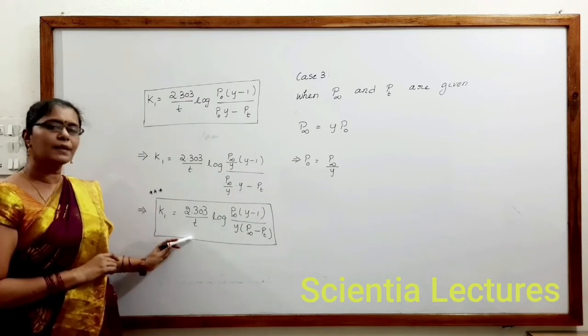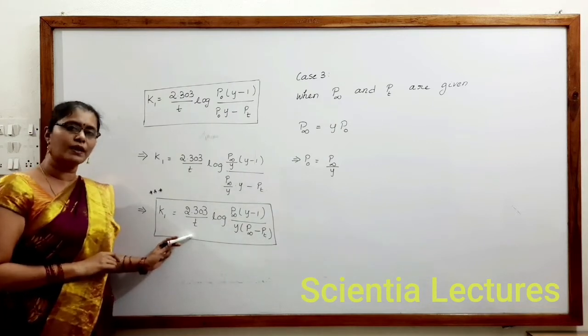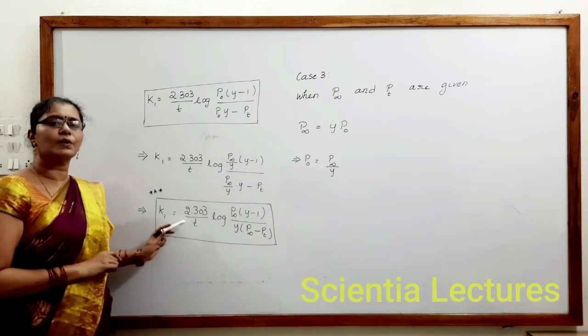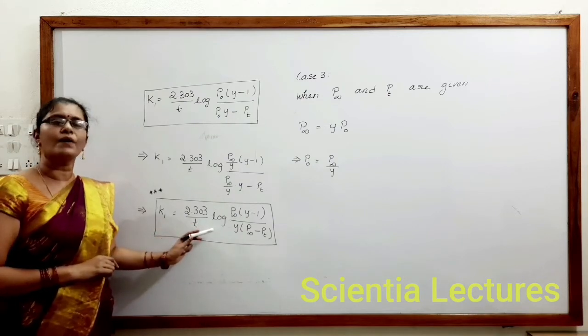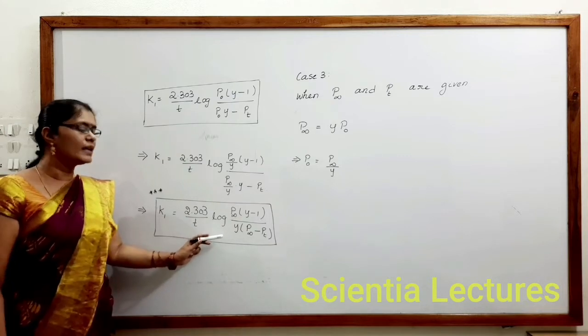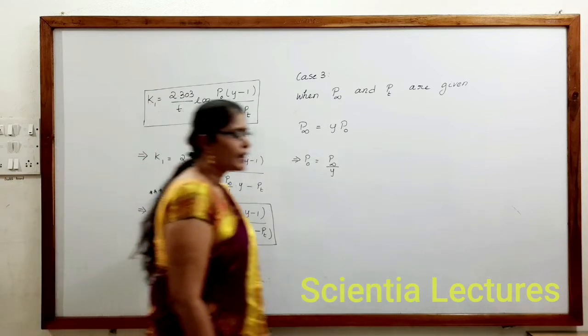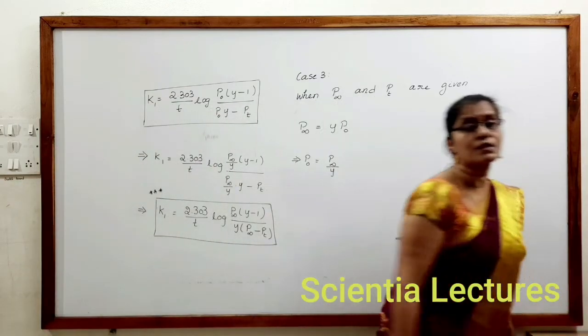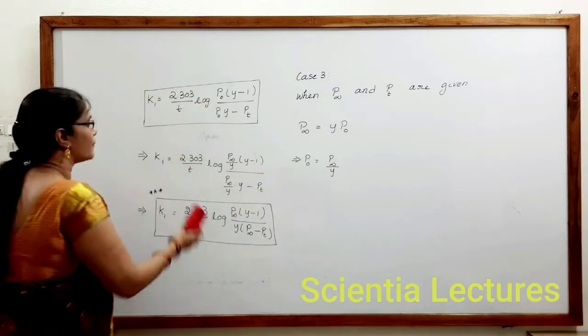When P infinite and Pt are given, how to calculate the rate constant of a first order reaction? K1 is equal to 2.303 by T log of P infinite into Y minus 1 by Y into P infinite minus Pt. This is the rate constant of a first order reaction when P infinite and Pt are given.